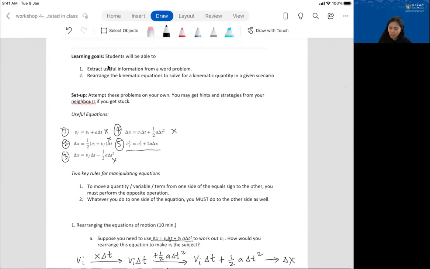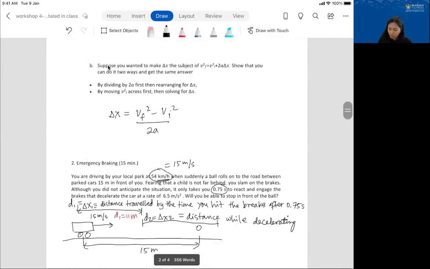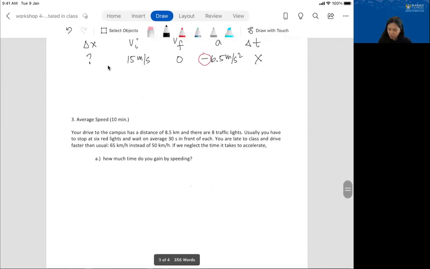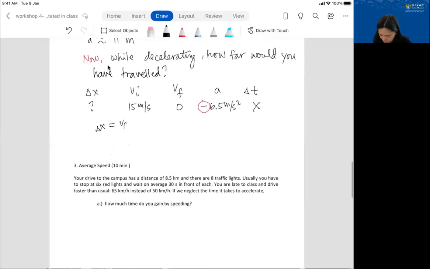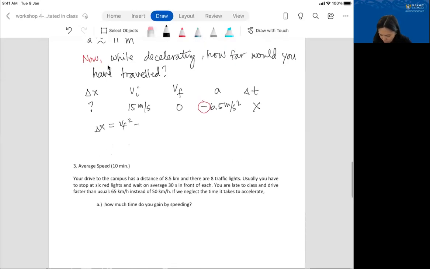We already rearranged this to isolate delta x, so we can use that right away: delta x is equal to vf squared minus vi squared over 2a.